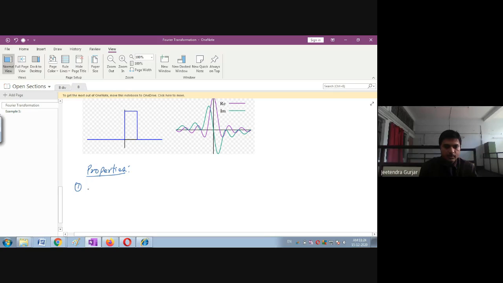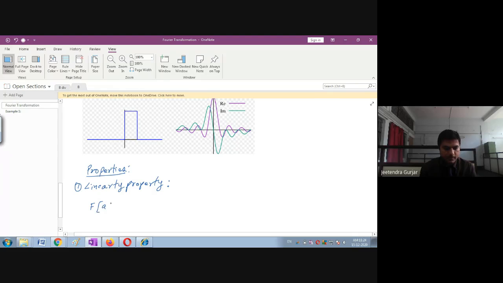So we'll take some of the properties. First one is the linearity property. Just I will show you how this is linearity.